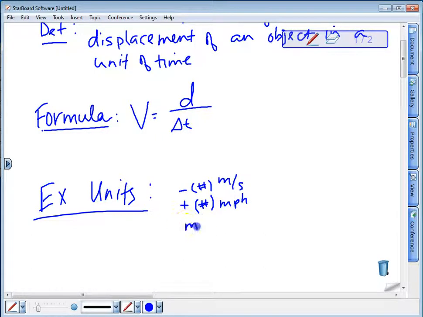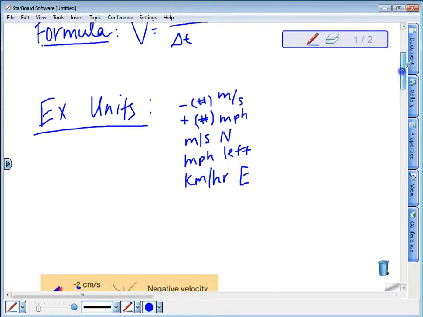Or we could say meters per second north, or miles per hour left, or kilometers per hour east, or centimeters per day up.